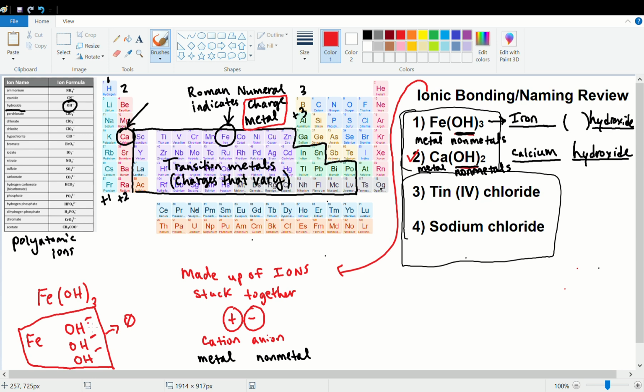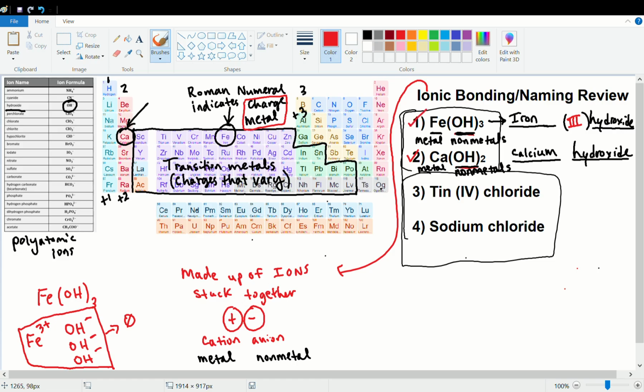And so because these add up to -3, to cancel that out, we need the iron to have a charge of +3. And so that must mean that the Roman numeral that goes in this space is a 3 to indicate that the charge of the iron is +3. And now I'm done with number 1.